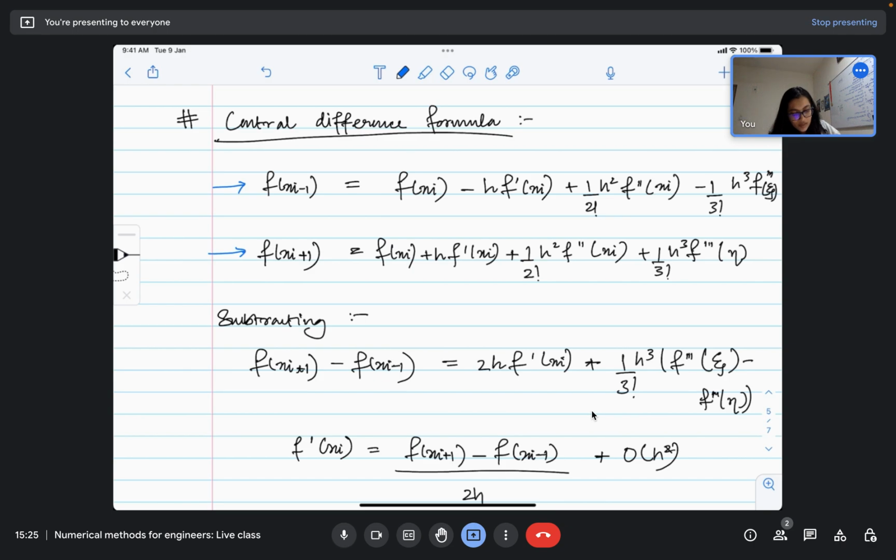Okay, as we have written both of them in our previous methods for backward and forward difference formula, I am not explaining the expression again, but this is how you will write it.